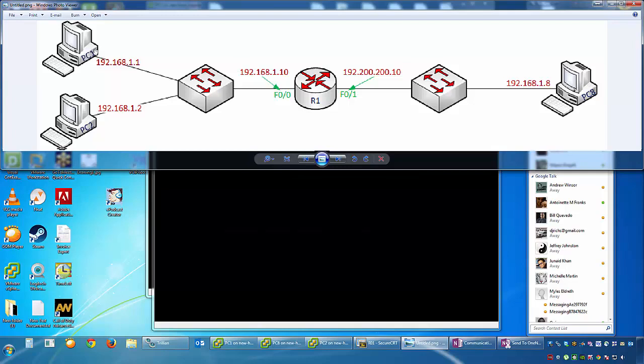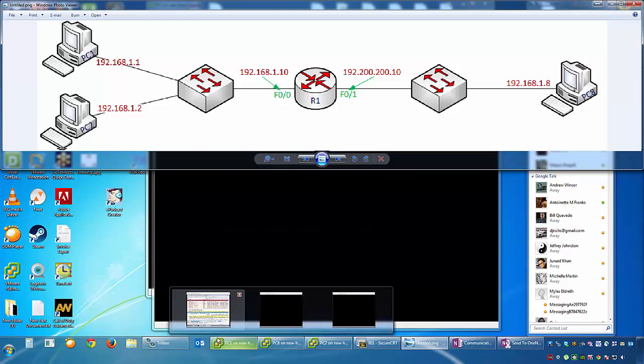I'm going to send it with a destination of all Fs, which for layer 2 is a broadcast address. That comes into here. This switch says, oh, okay, I understand that. It's a broadcast. Let me send it out all switch ports, except the one I came in on. All the switch ports.